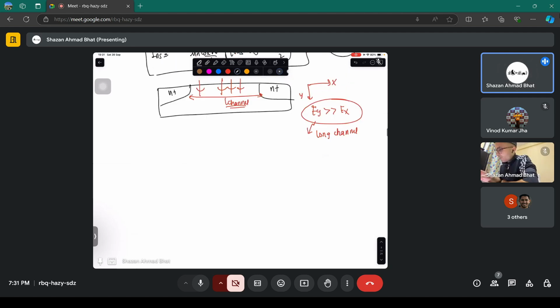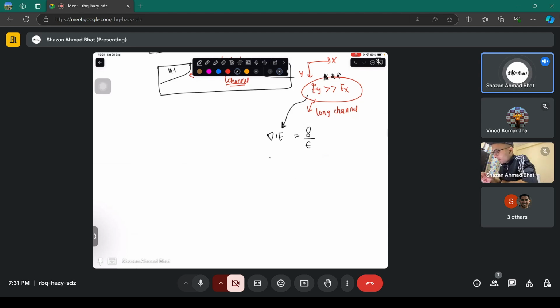What it helps us is to make it easier to solve the Poisson equation. The Poisson equation is basically del dot E equals the charge density divided by epsilon. So you can write it as dou by dou x of Ex plus dou by dou y of Ey plus dou by dou z of Ez equals rho by epsilon.